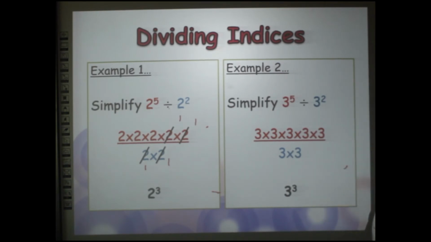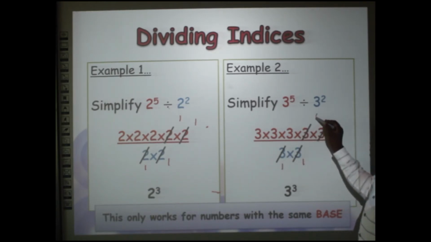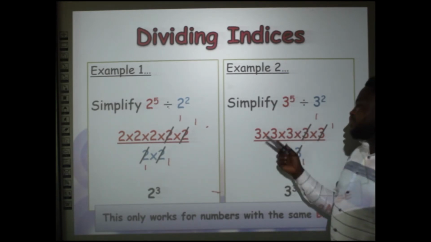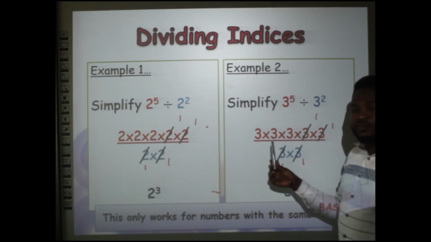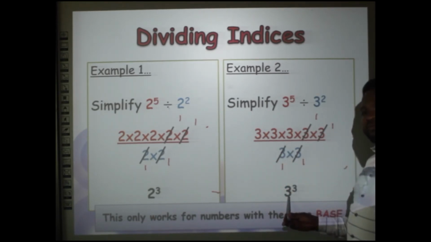Okay, now what else? We're going to cut out each of these. 3 goes here 1 because they have common factors. 3 here 1 as well. 3 goes here 1. 3 goes here 1. Okay, so we are left with how many 3s? 1, 2, 3. So we'll start by writing the base because we have equal numbers here. The base is going to be 3.